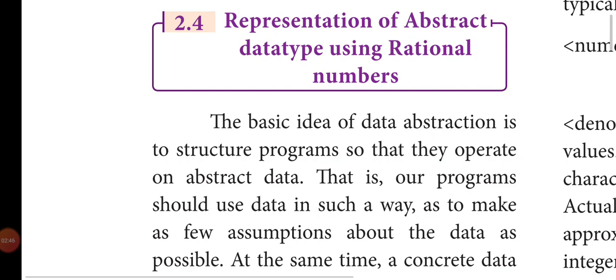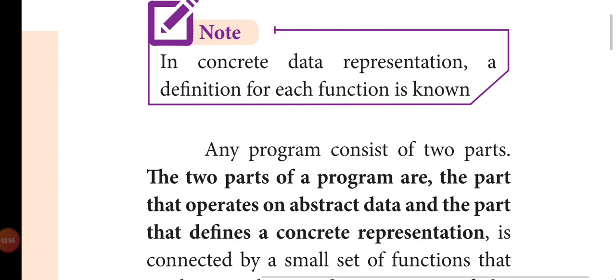That is, it defines what the things are and how those things will work. In concrete data representation, it defines each and every function, but in the abstract data type, only the essential things will be known and all other irrelevant details will be hidden.